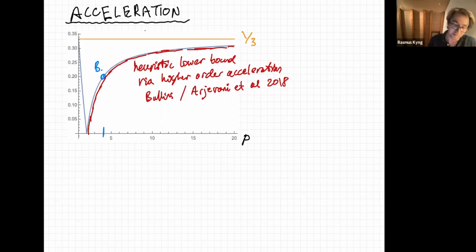So it might be that these algorithms are optimal for all p in terms of the number of linear equation solves that they get. But it's not clear that you should believe the lower bounds once you've translated them to this setting. Now, the actual formal lower bounds in the low accuracy setting are due to Arjevani et al. in 2018.